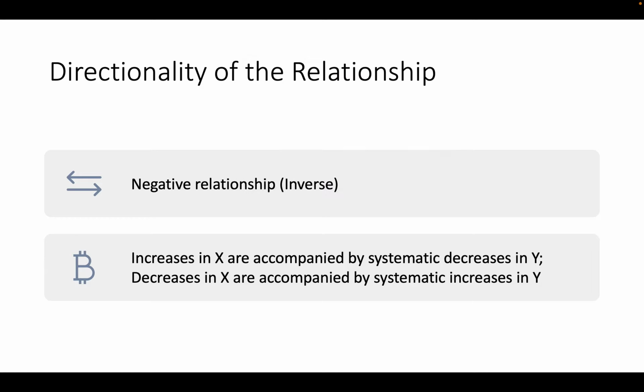Increases in x are accompanied by a systematic decrease in y, or decreases in x are accompanied by a systematic increase in y. And this will make more sense as we begin to actually visualize the data.